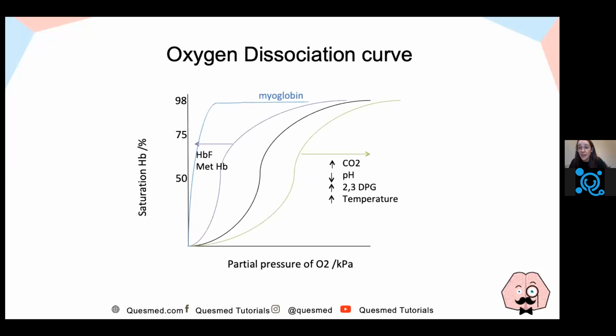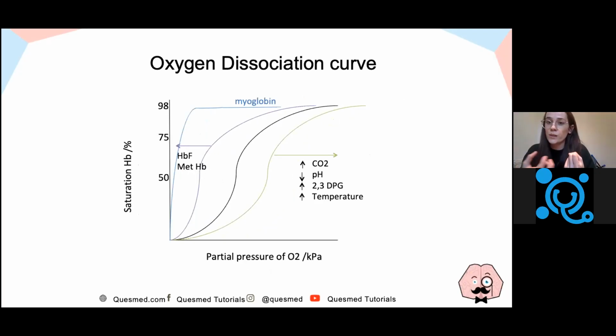That makes sense, because in the placenta you've got the maternal hemoglobin going to the placenta, and you've also got the fetal hemoglobin there, and the fetal hemoglobin needs to take the oxygen from the maternal hemoglobin. And also methemoglobin, so that's when the hemoglobin becomes methylated and it holds on to oxygen much better.